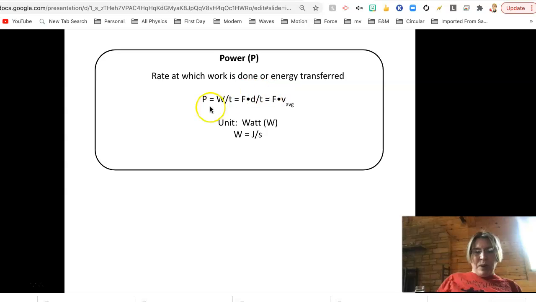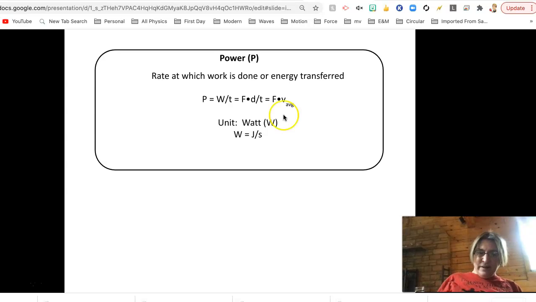Power is either work over time, it's also energy over time, or since work is force times distance, assuming that the force and distance are parallel, power is also force times distance over time. And then since distance over time is equal to velocity, another formula for power is force times average velocity.